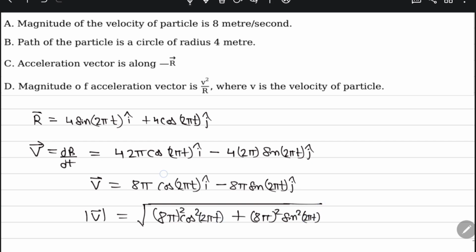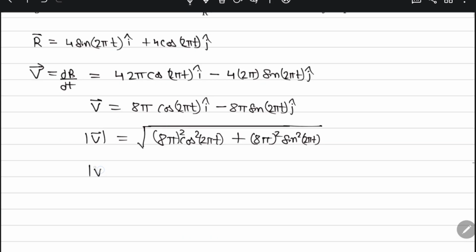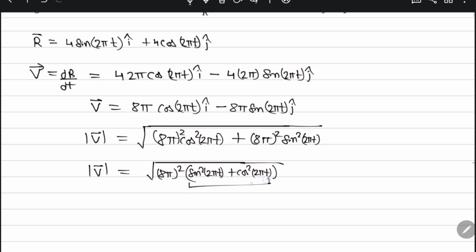If I take 8 pi squared common, here is sin squared 2 pi t plus cos squared 2 pi t. Here sin squared theta plus cos squared theta is equal to 1, and with the square root outside, this becomes 8 pi meter per second.